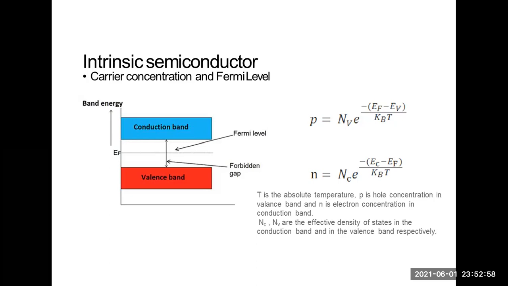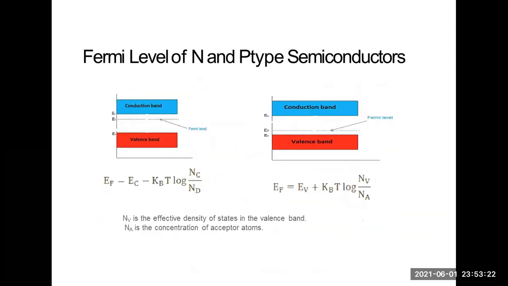The difference between the conduction band and the valence band is what we call the forbidden gap or forbidden energy band gap. We will discuss this aspect later in this section.